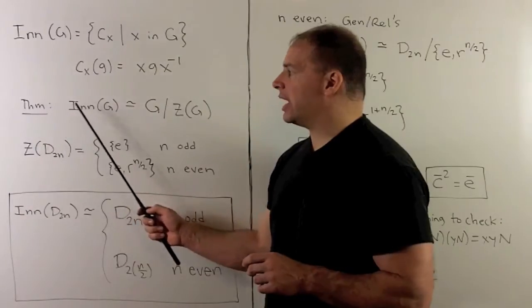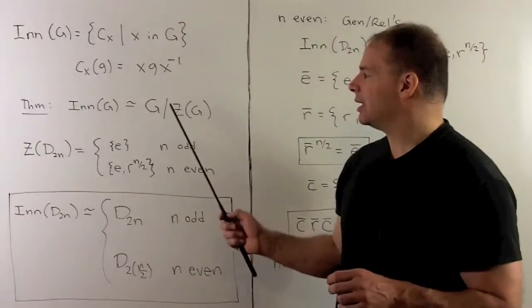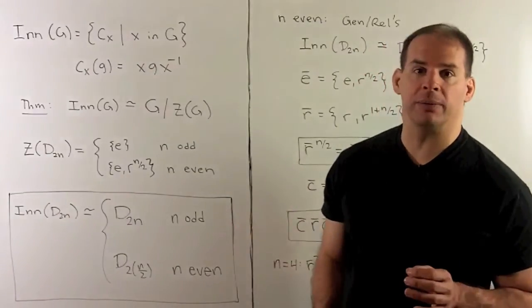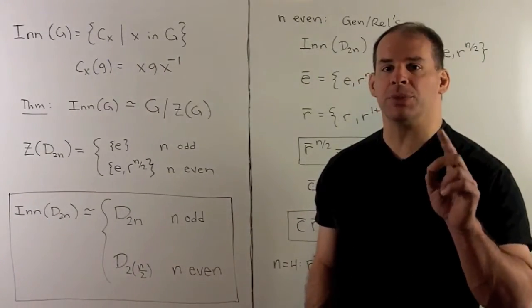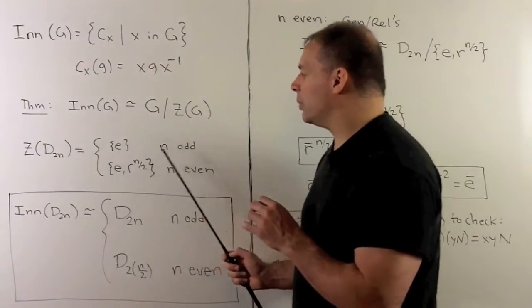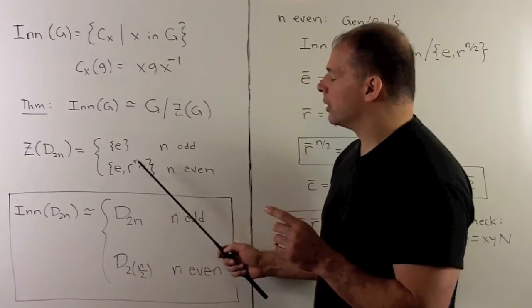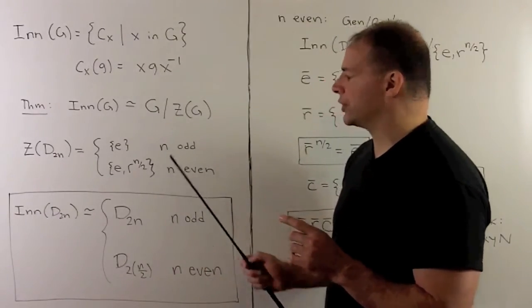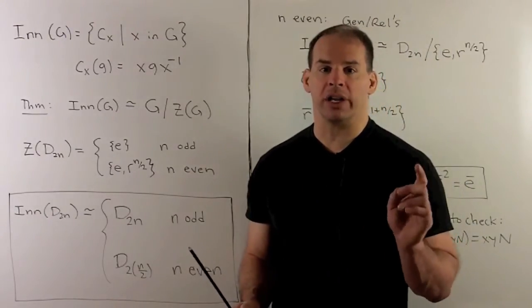We have a theorem that states Inn(G) is isomorphic to the quotient group G mod the center of G. We've computed the center of D sub 2n before. That turned out to be the identity when n was odd, and when n was even, we had two elements: the identity and r to the n over 2, which was rotation by 180 degrees.